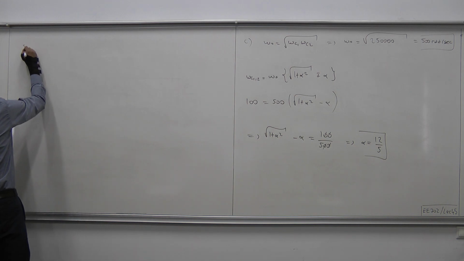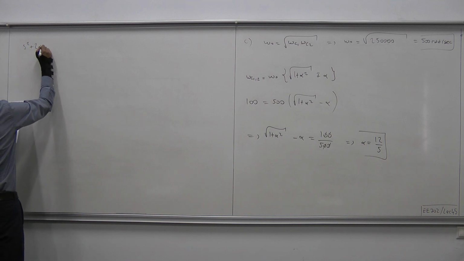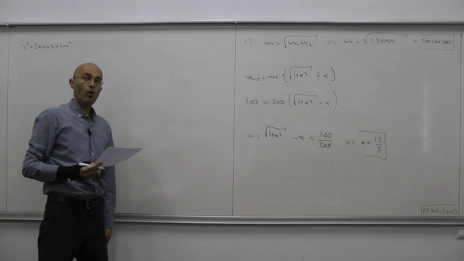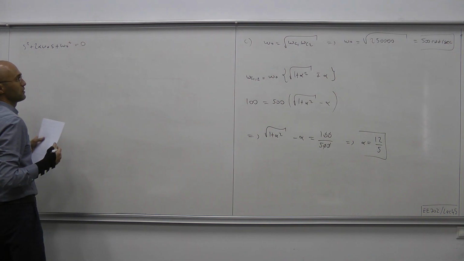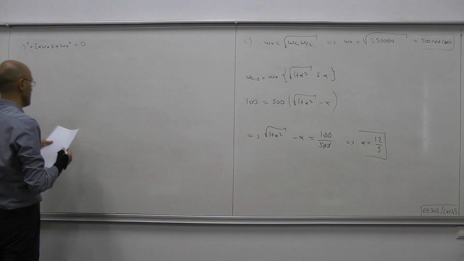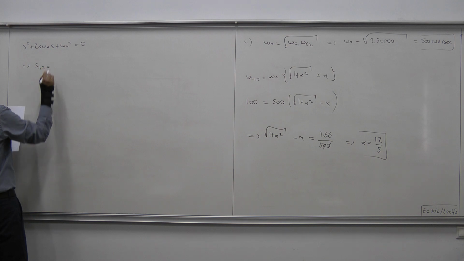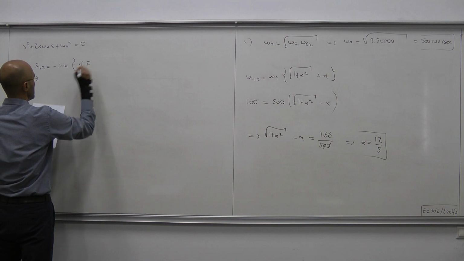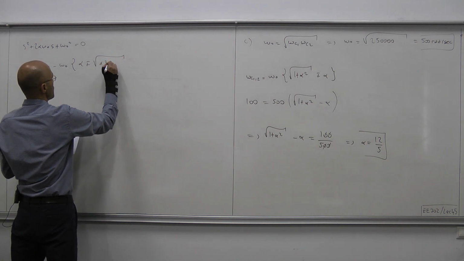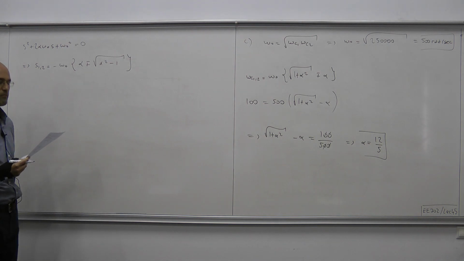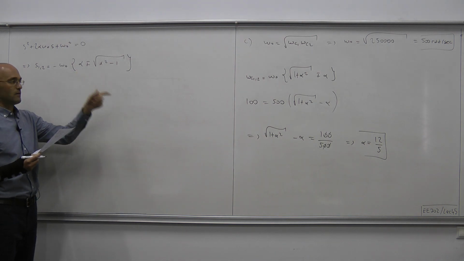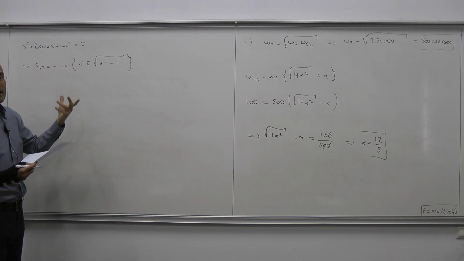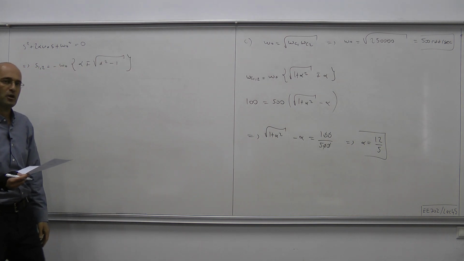Now the poles of the transfer function are the roots of the denominator polynomial, or the solution of the characteristic equation, which produces the following roots. S1,2 equals minus omega 0 times alpha plus or minus the square root of alpha squared minus 1. Omega 0 and alpha we now know, therefore we know the roots. We also know that the roots are at minus 1 over R1 C1 and minus 1 over R2 C2.